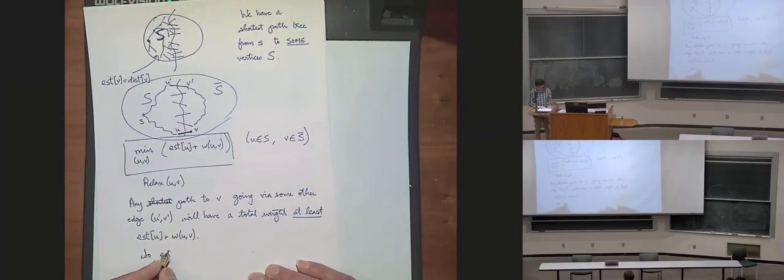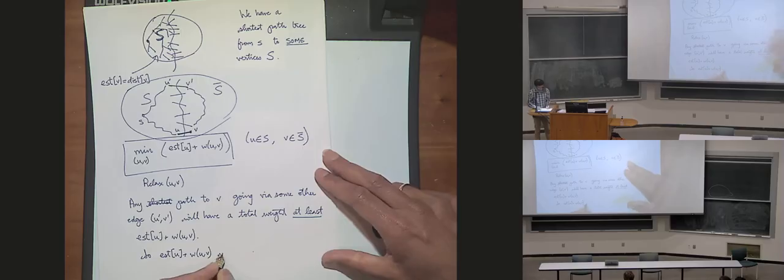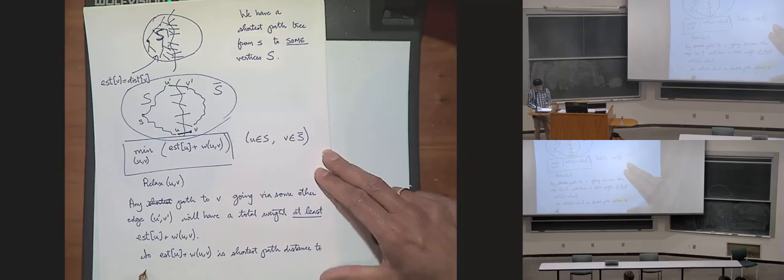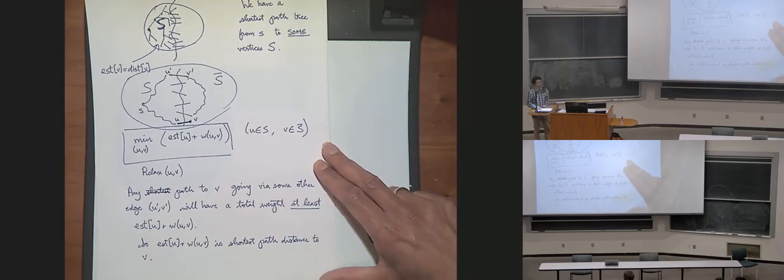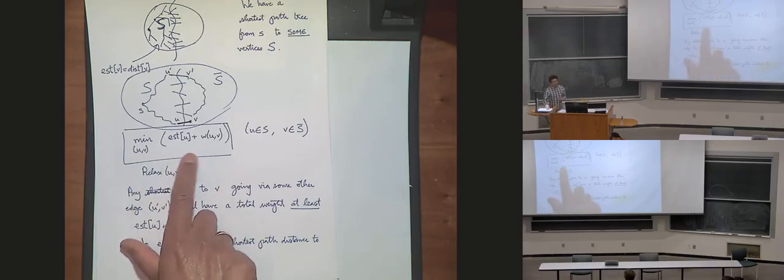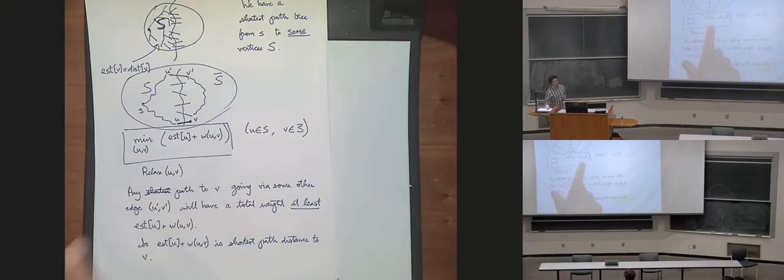So S to u plus wv is the shortest path distance to v, because any other path is going to have at least as much. And this is the logic. And so the whole point is, how do you maintain this? And the moment you see finding min of some set, you should think priority queues. So you basically store everything in a priority queue, and that's where you get the log n factor from.